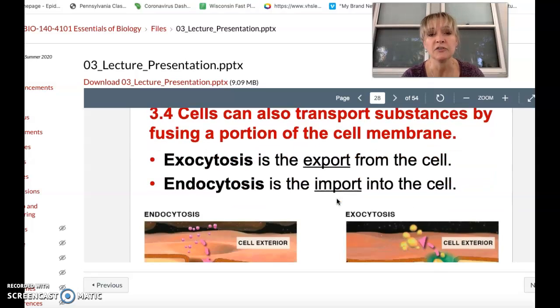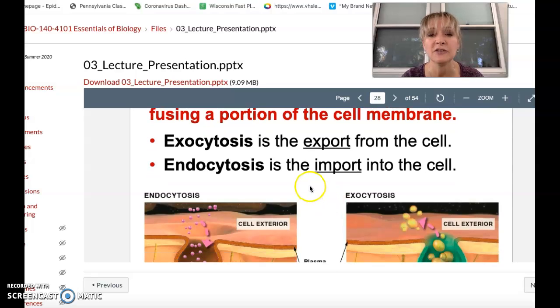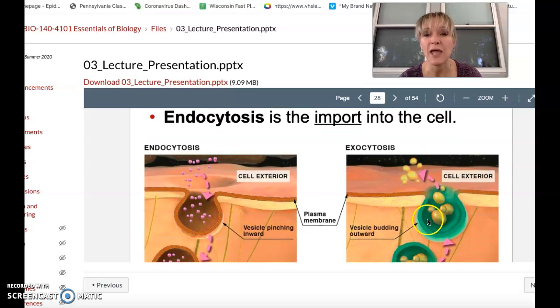The next two parts that are considered active transport are called exocytosis and endocytosis. There's actually 4 types of cytosises, but we're only talking in depth about 2. Exocytosis, exo sounds like exit, right? So whenever the cell needs to exit something out, like waste, it's going to go through a process called exocytosis.